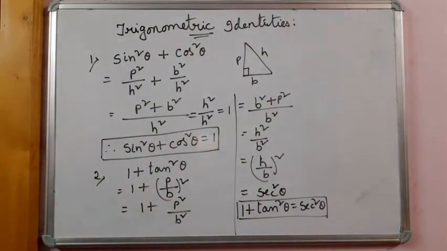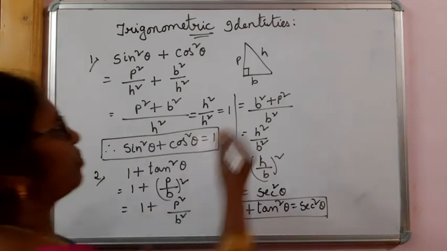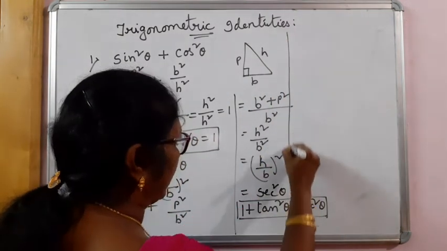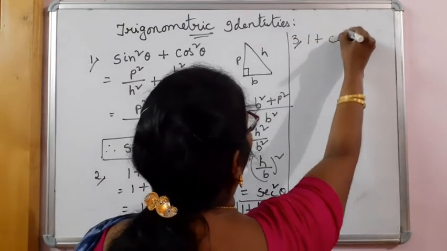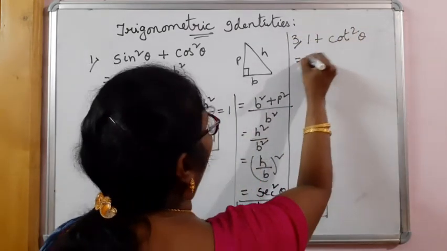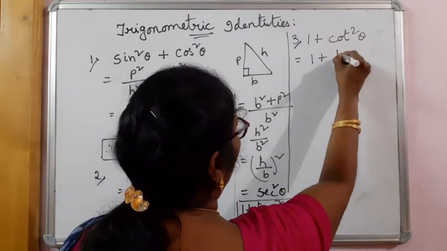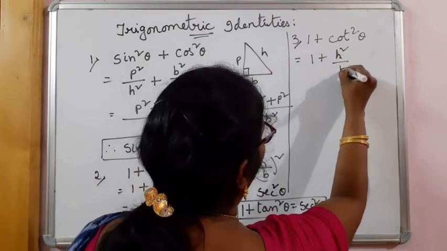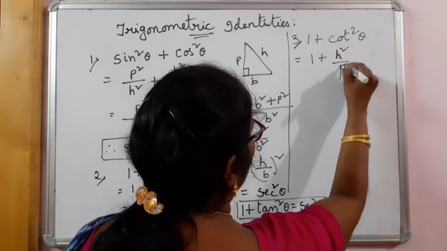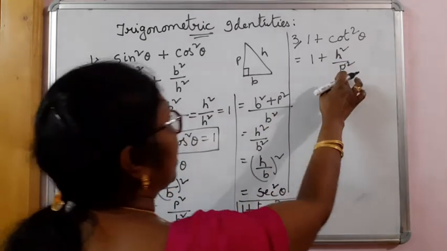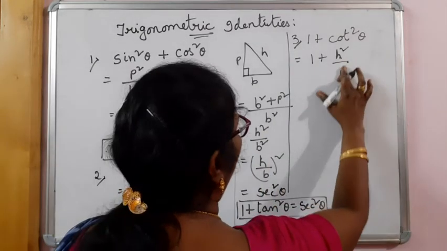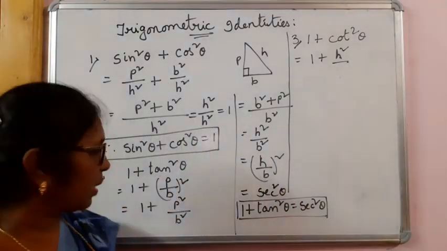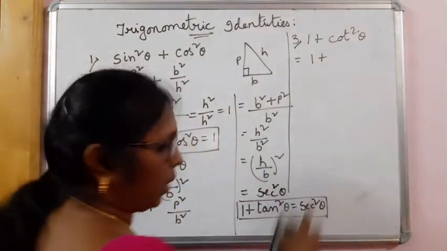Let us have one more identity, our third identity. Let us find 1 plus cot square theta. Cot theta is equal to b by p, so cot square theta is b square by p square. Tan and cot are reciprocal to each other.